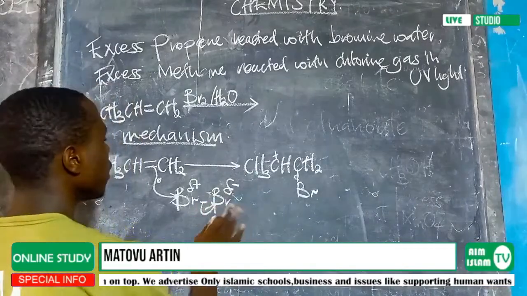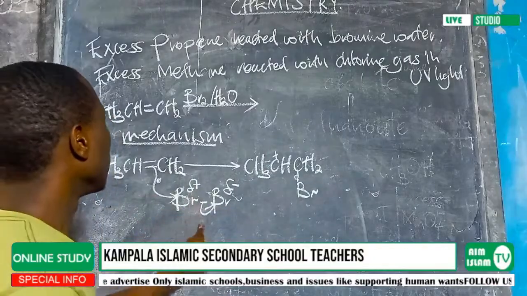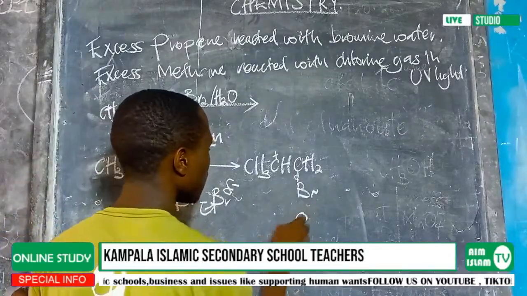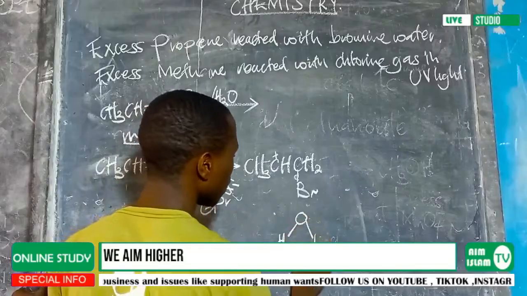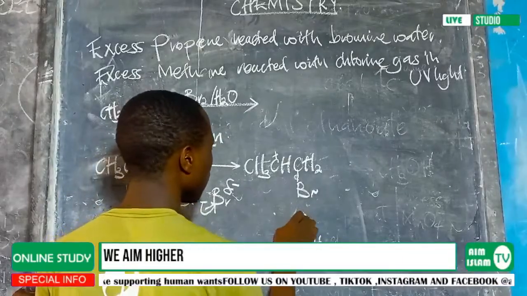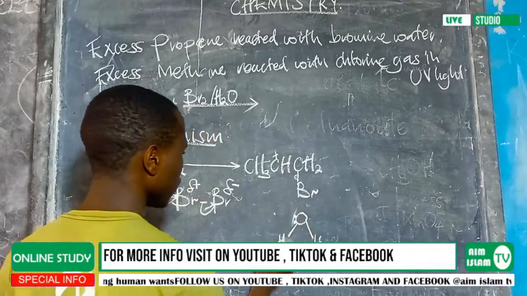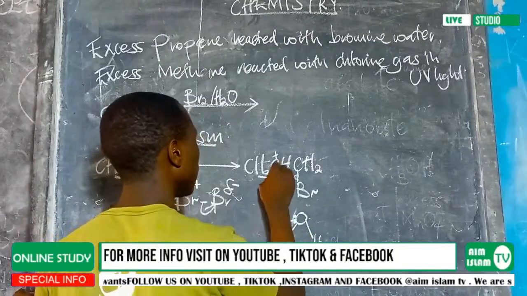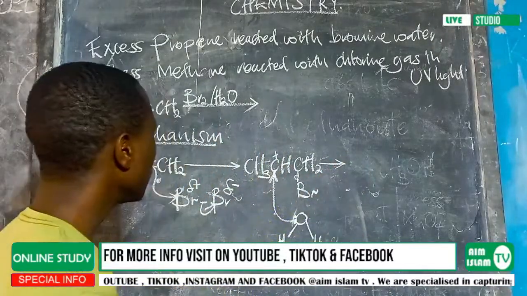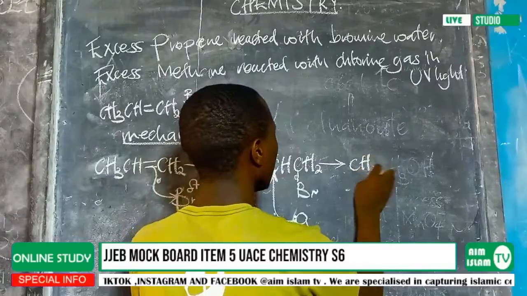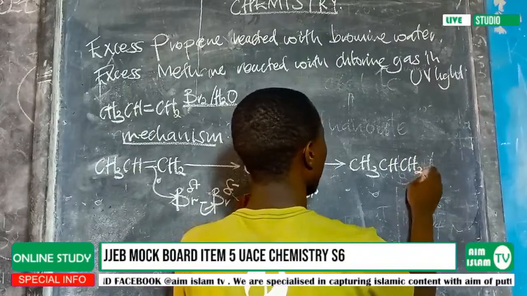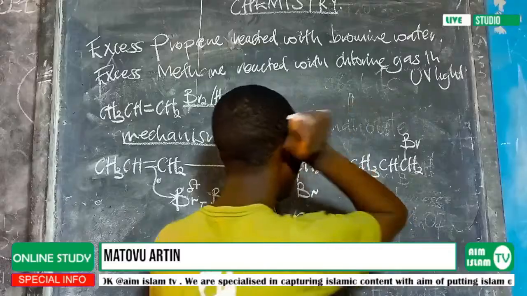So then this bromide, with its lone pairs, will come and attack the carbon that is having fewer bonds, such that this forms a compound of this nature with our bromide attached there.